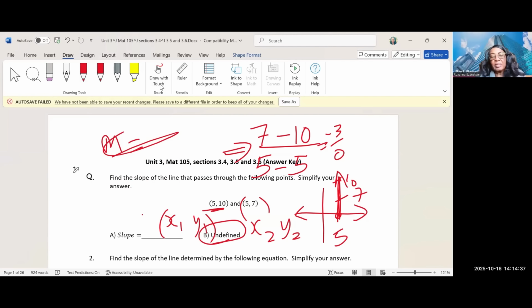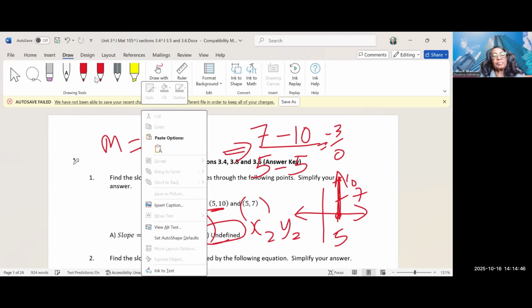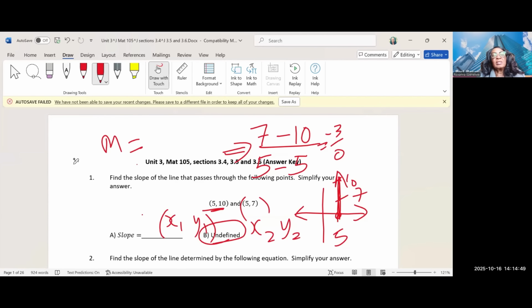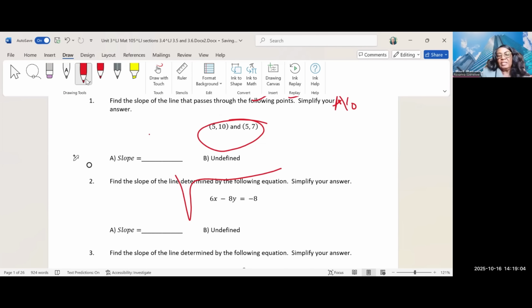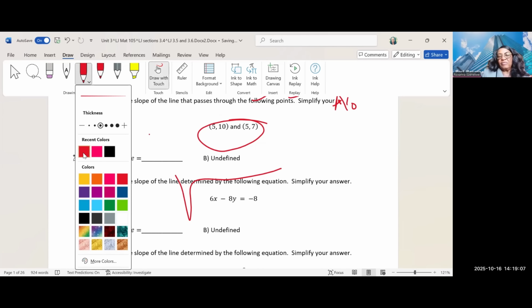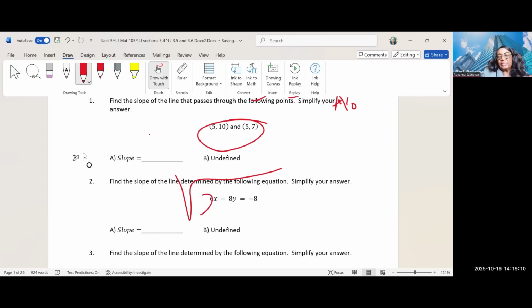All right. Okay. So this time I'm going to be looking for the distance. Remember the distance formula? Distance is the square root of x2 minus x1. Not sure why this is doing all that.